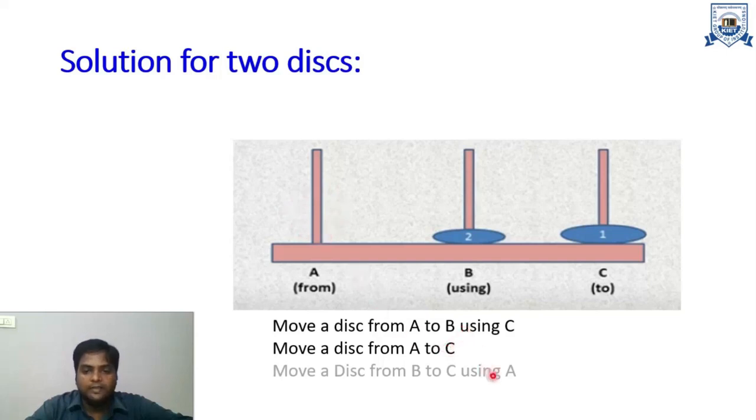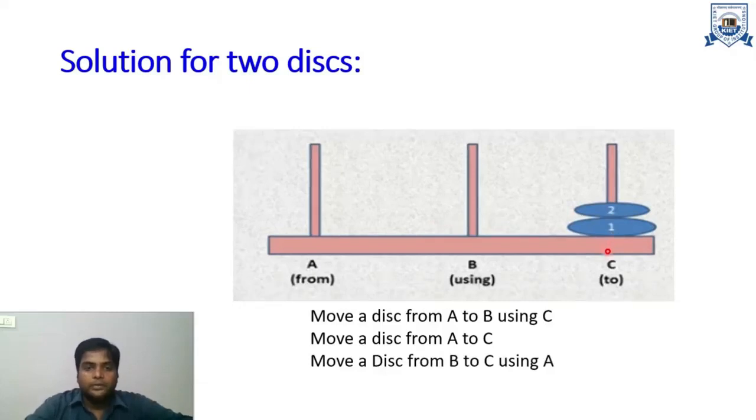So here we have written using A. Now we move this disk from B to C. So these three steps are required to move two disks from tower A to tower C, while B is the tower that is being used. With the help of these three steps, we can find the algorithm for the complex problem also.